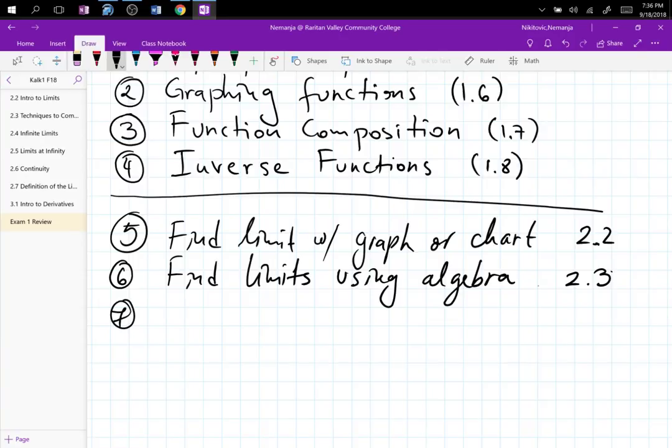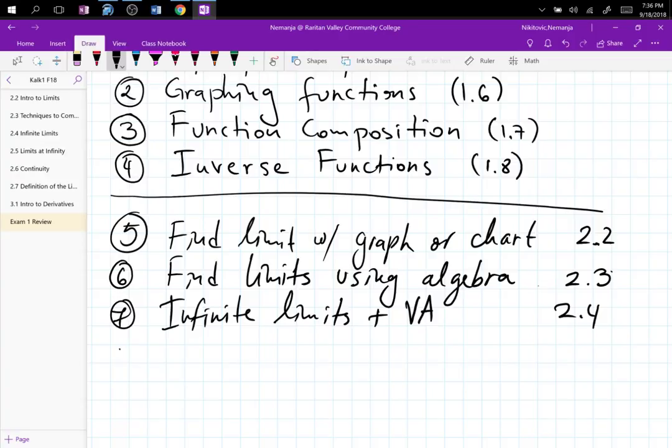Number 7. We have infinite limits plus vertical asymptote, 2.4.